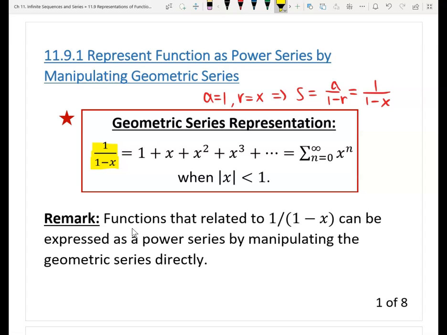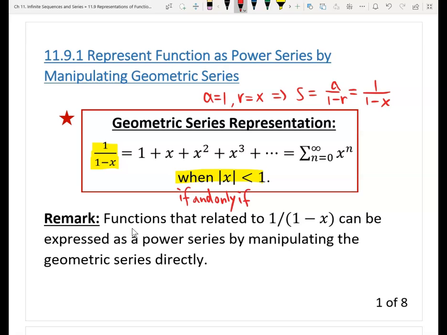Of course, we have a domain. We learned that before. It is the absolute value of r less than 1, which is the absolute value of x less than 1, right? And usually we call it if and only if.